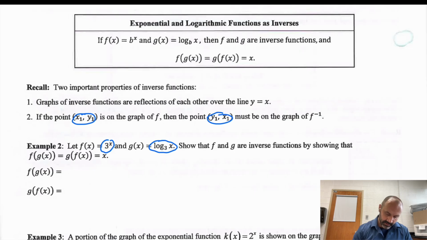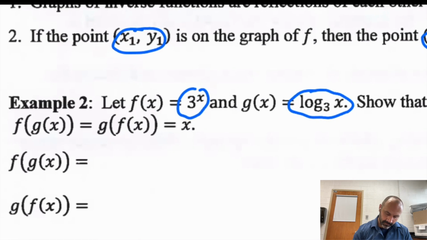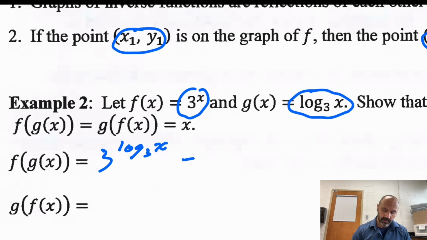So f of g of x would be 3 to the power of g of x, where I plug in log base 3 of x. What does this mean? For log base 3 of x, what I'm saying is, what's the power of 3 that will give me this output?